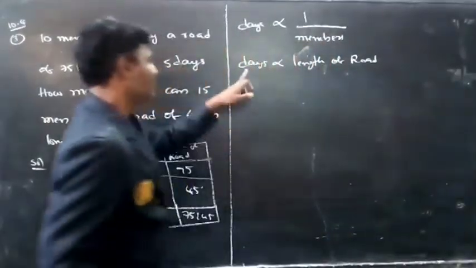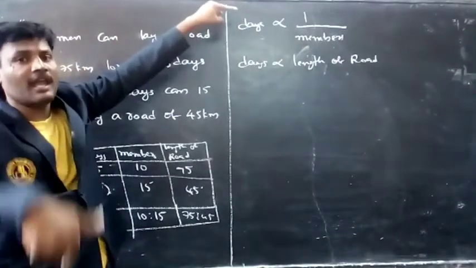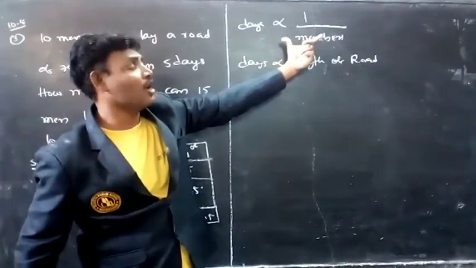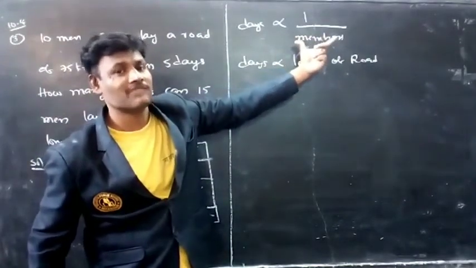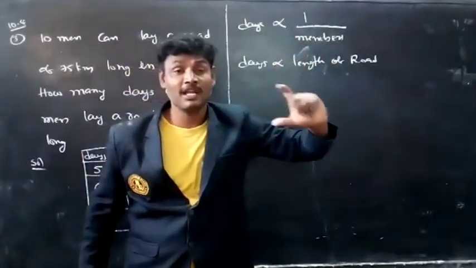So here days are inversely proportional to members and directly proportional to length of road. Here you have to take the inverse ratio of members. Why? Because days and the number of members are inversely proportional.